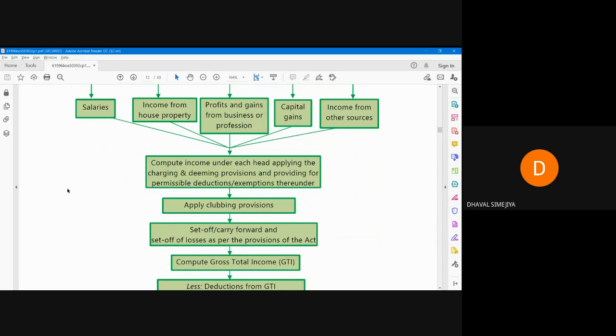But before that, we will apply clubbing provisions and set off and carry forward rules. After this, we will compute gross total income, GTI.